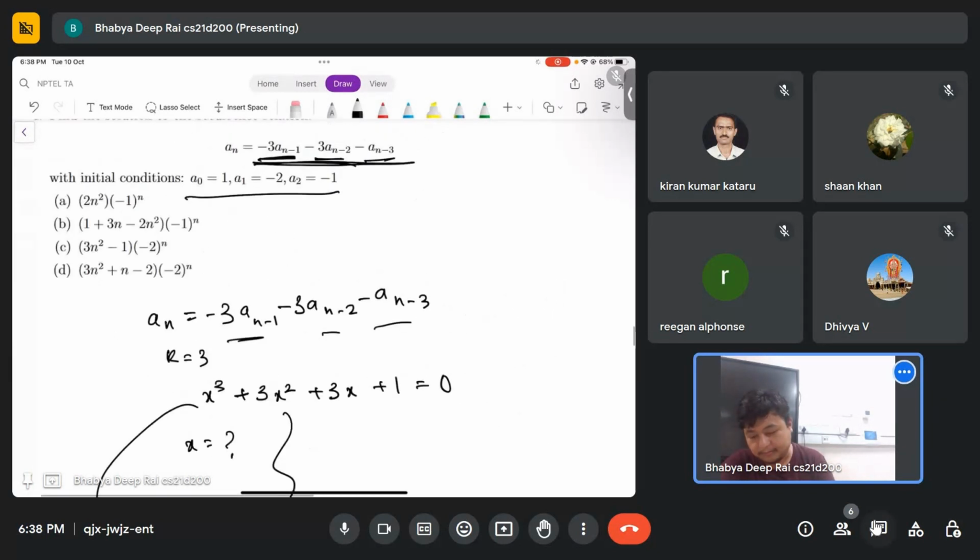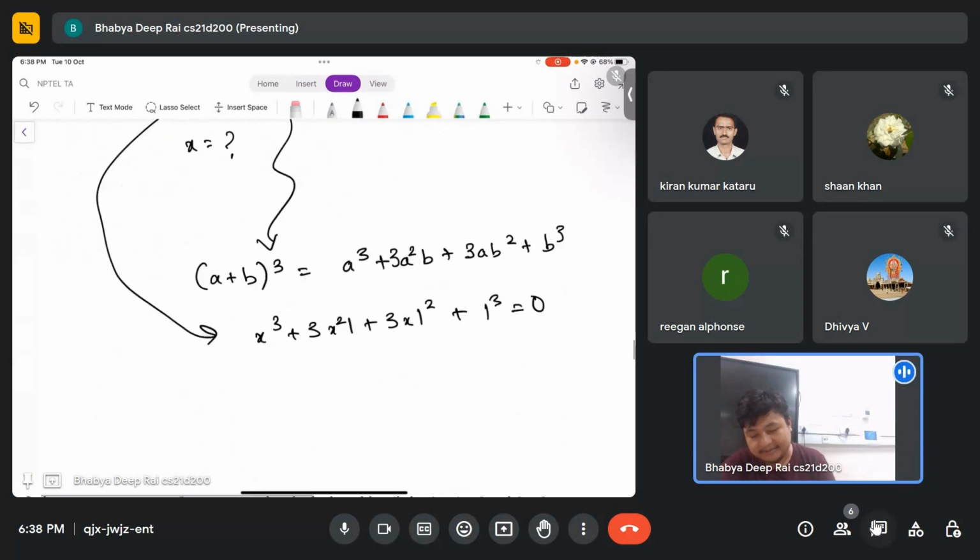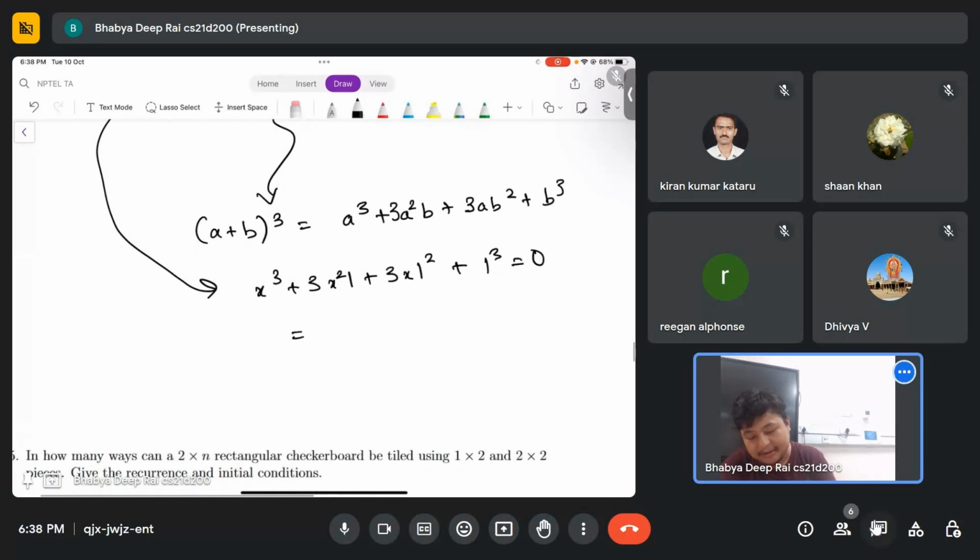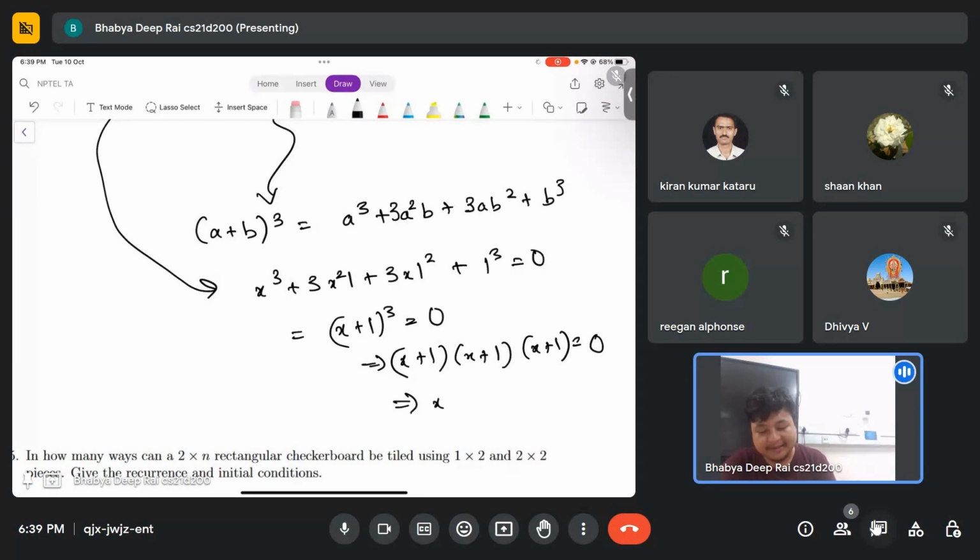Next, this is nothing but x plus 1 whole cube equals 0. This means that x plus 1 times x plus 1 times x plus 1 is equal to 0. This means that x equals minus 1, minus 1, minus 1. These are the 3 roots.